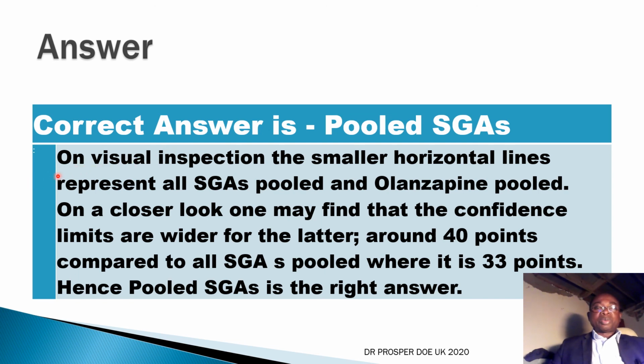On visual inspection, the smaller horizontal lines represent all second-generation antipsychotics pooled and olanzapine pooled. On a closer look, one may find that the confidence limits are wider for the latter, around 40 points, compared to all second-generation antipsychotics pooled, where it is 33 points. Hence, pooled second-generation antipsychotics is the right answer.